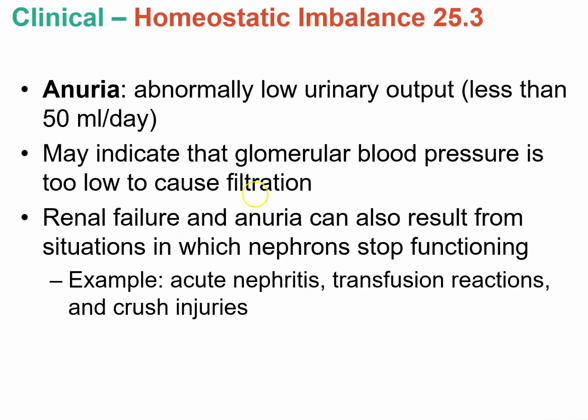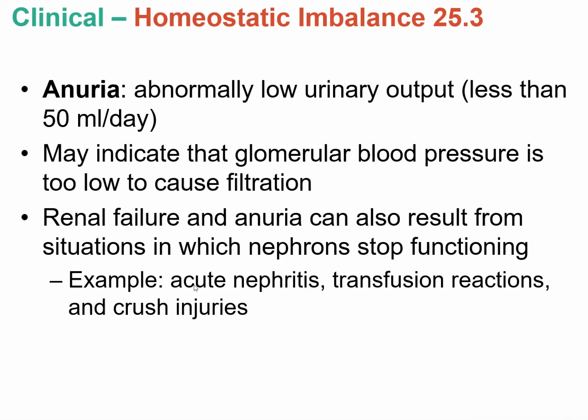If the urinary output is so low that there's no hope that the kidneys can help get rid of the important waste such as urea from the blood, that's called anuria. Anything less than 50 mils in the entire day, it should be around a liter, 20 times that, then we have anuria, not urine. That could mean that there's not enough blood pressure.